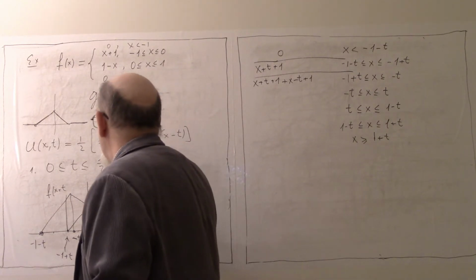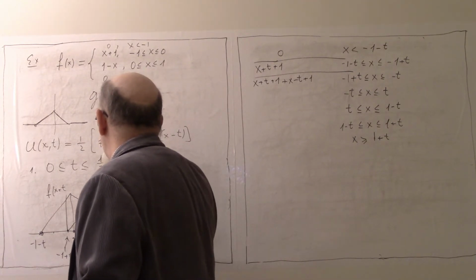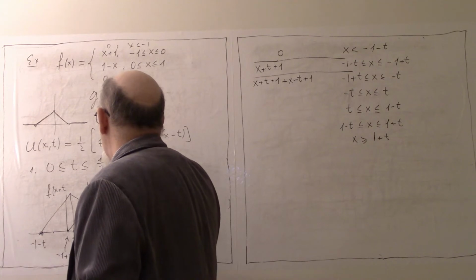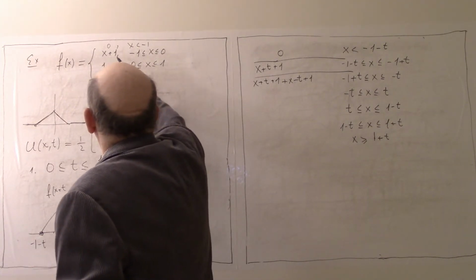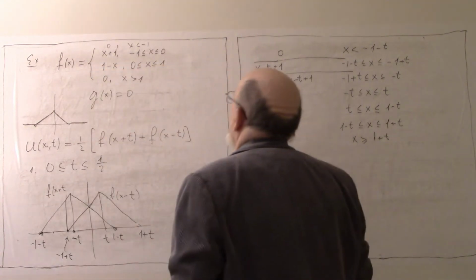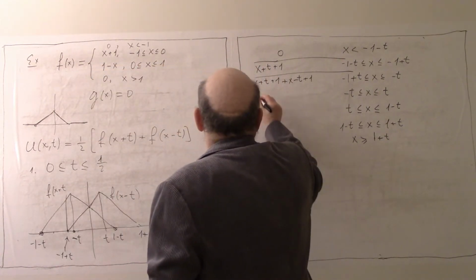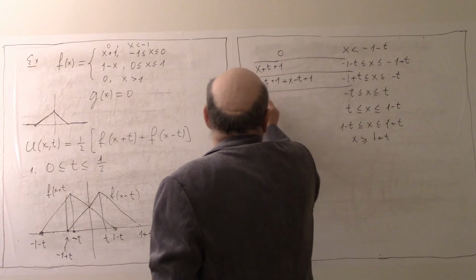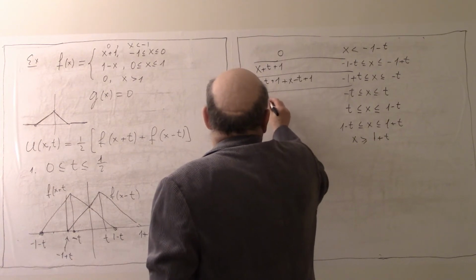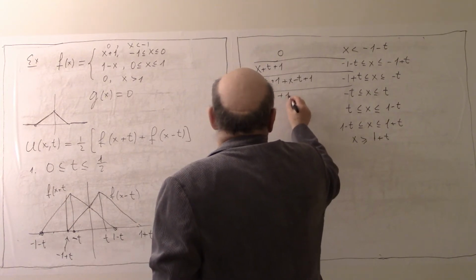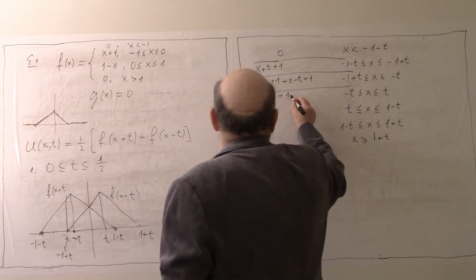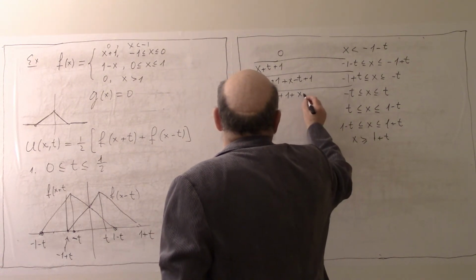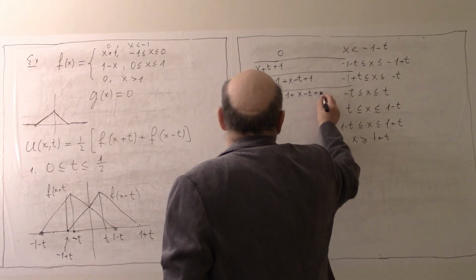Here, from minus t to t, we have to take the first line, x plus t plus 1, plus x minus t plus 1.